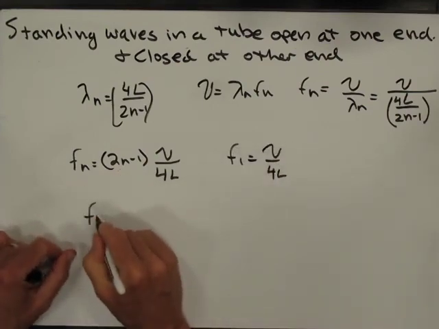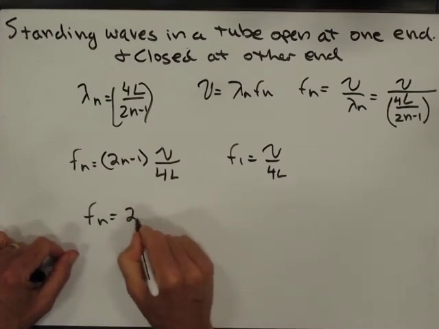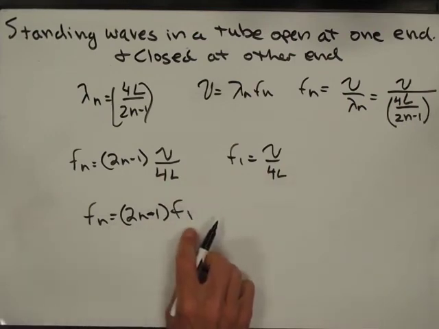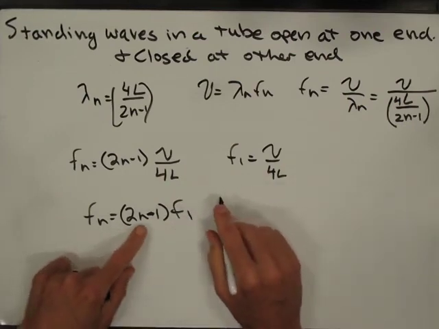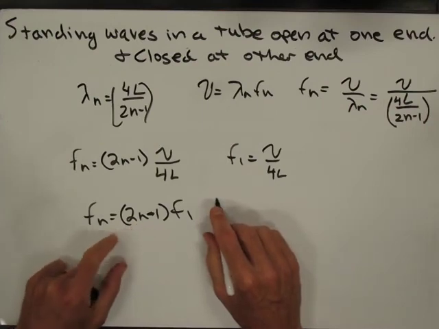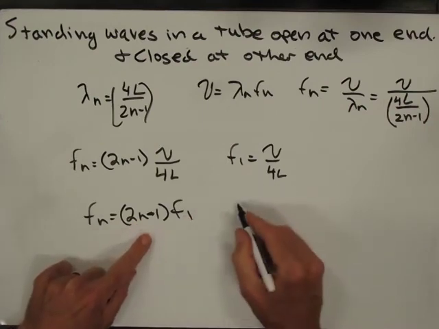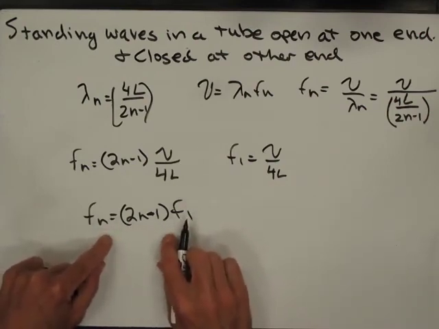And so that means Fn is equal to 2n minus 1 times F1. And so if you know the first harmonic, you know the second harmonic is a 3, the third harmonic is a 5. And so sometimes people will write it this way.